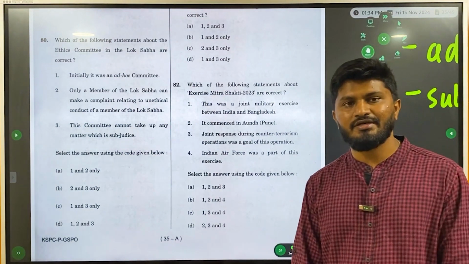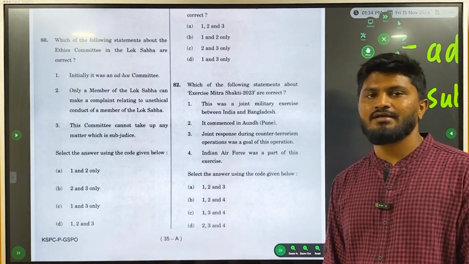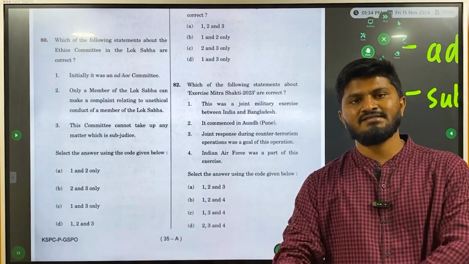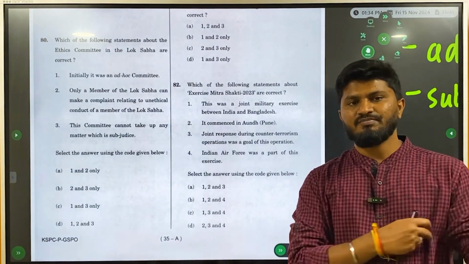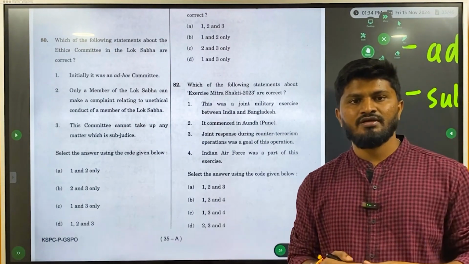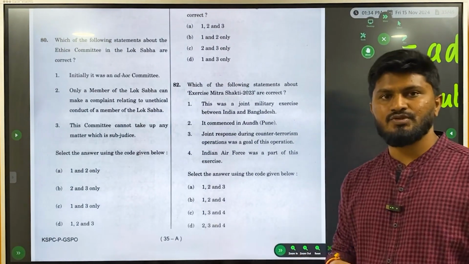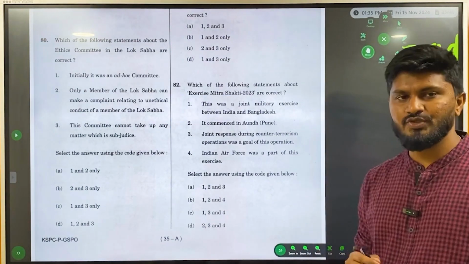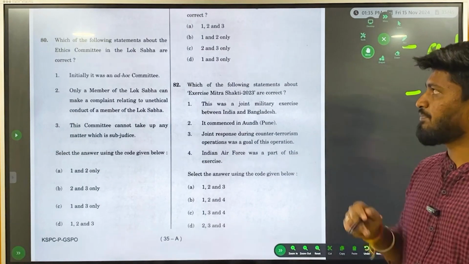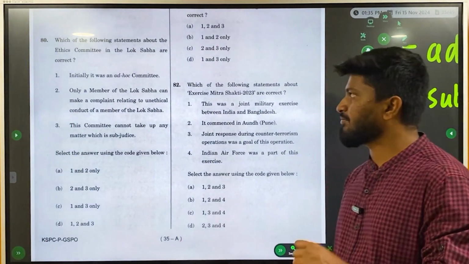If you were reading the news last year, you should know about the ethics committee, because it was in the news because of the Mahua Moitra case. She was alleged to have used bribery for some cases. She was an MP and she was expelled for not following the rules or ethics of the parliament. So she was expelled from the parliament by the ethics committee. Now you will understand which statements are correct about the ethics committee.